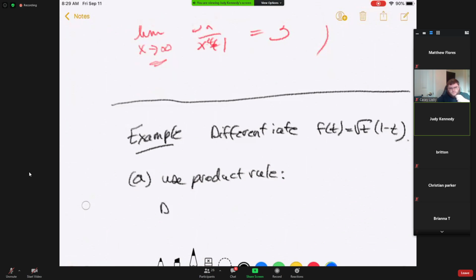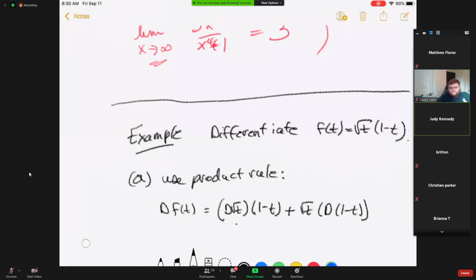So the derivative of f of t would be the derivative of the square root of t times 1 minus t plus the square root of t times the derivative of 1 minus t. Remember that d means derivative.